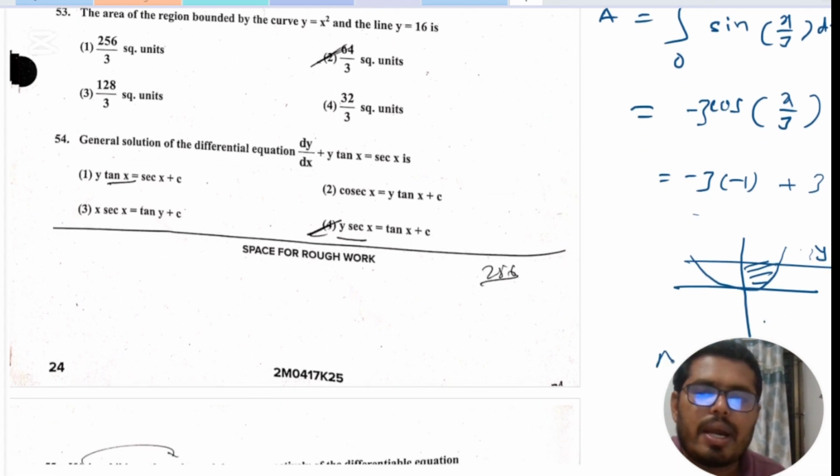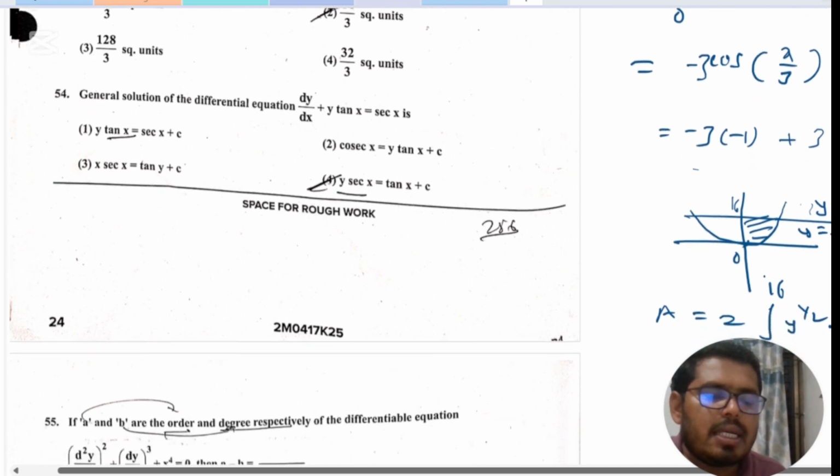Required area is equal to 2 times the integration, y varies from 0 to 16. Therefore, from 0 to 16, and it is the curve y equal to x square, then x is root y. Therefore, root y is y raised to 1 by 2, dy.